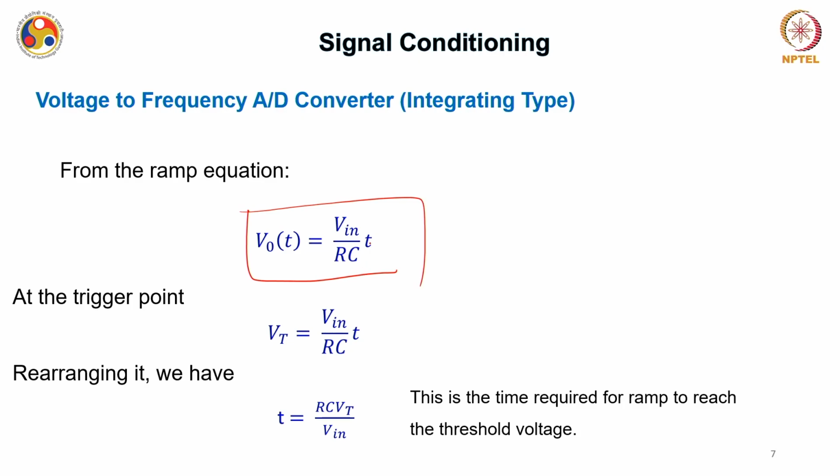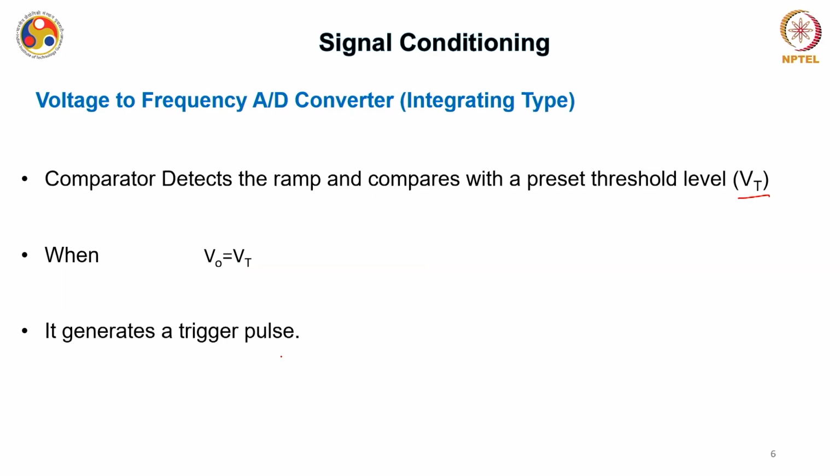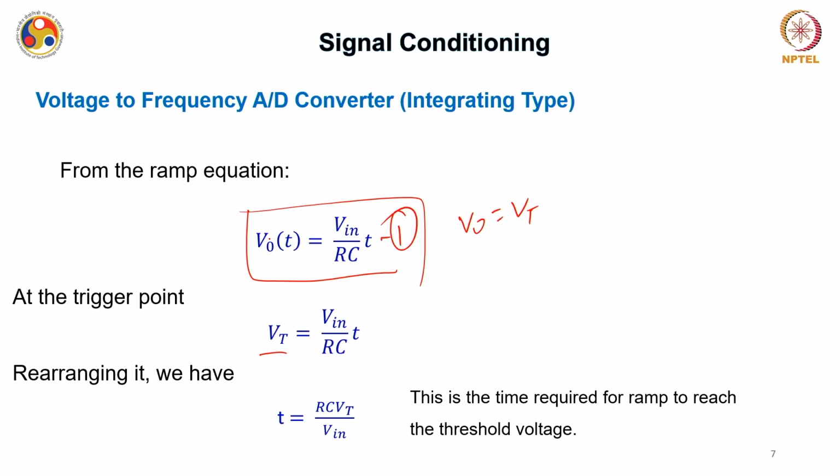At the trigger point, V naught will be equal to Vt, which we call equation 2. At this particular point, Vt will be equal to V in by RC into t. Let me call this equation 3.